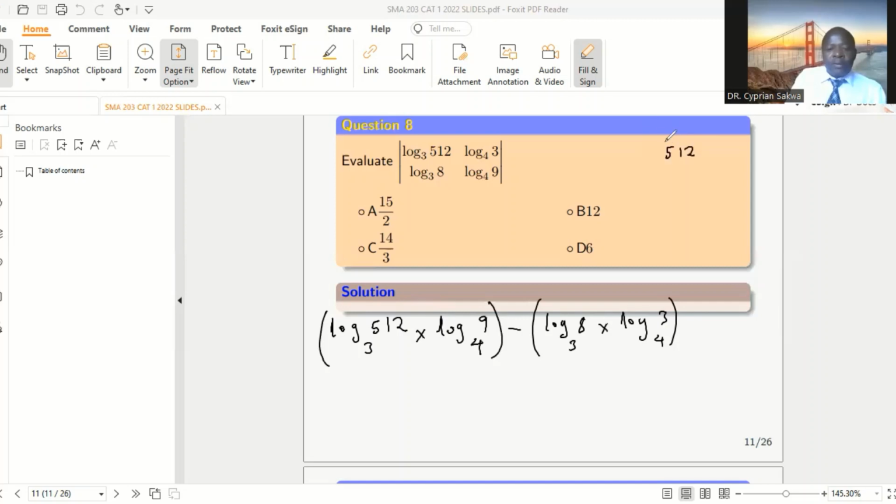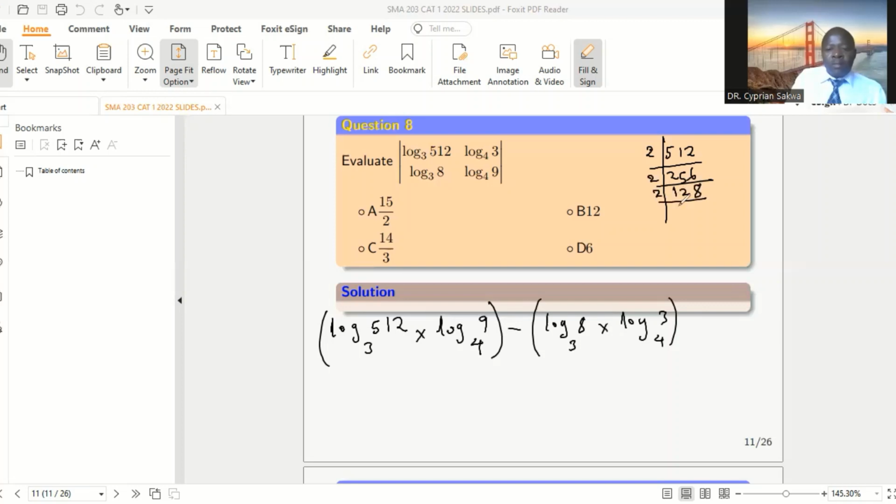512. I just want to write it as a product of prime factors, using 2. 2 goes into 512, 256 times. 2 goes into 256, 128. Into 128, 64.